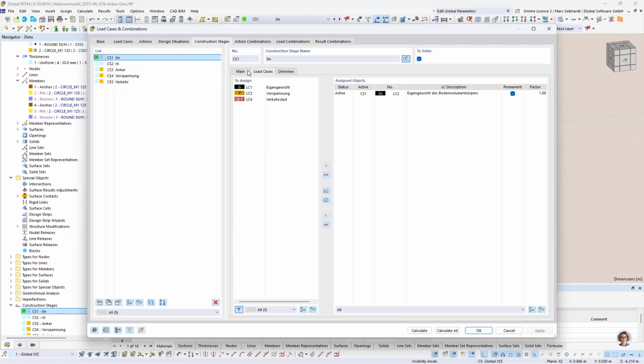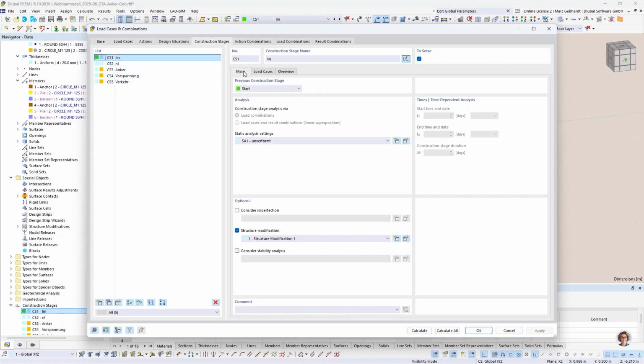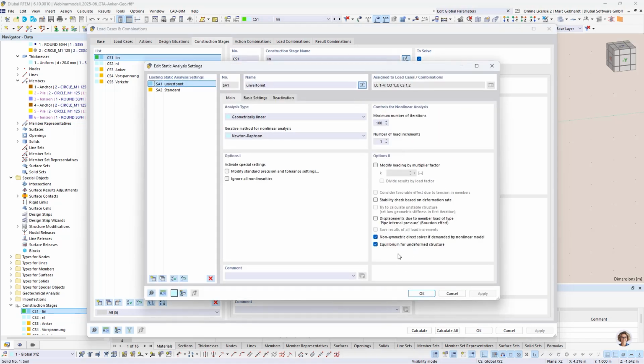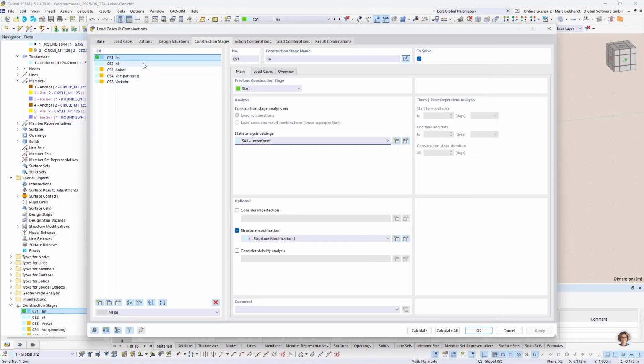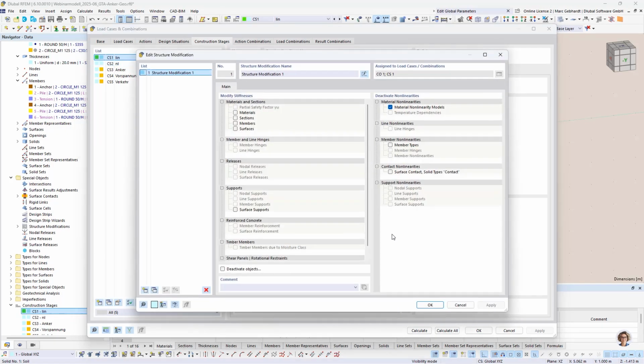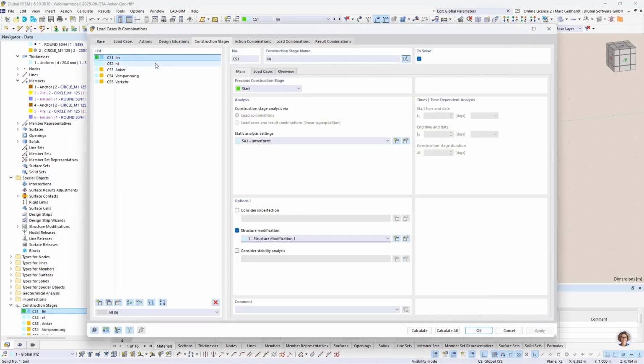Construction stages have to look at a first undefined structure calculation for the state of stress, linearized by deactivating the material nonlinearity, then activated the nonlinearity.